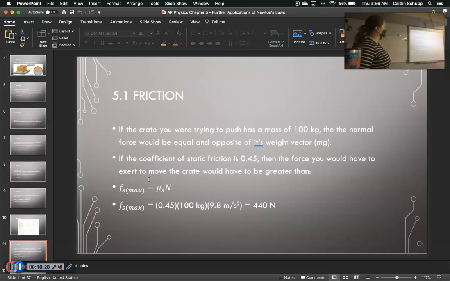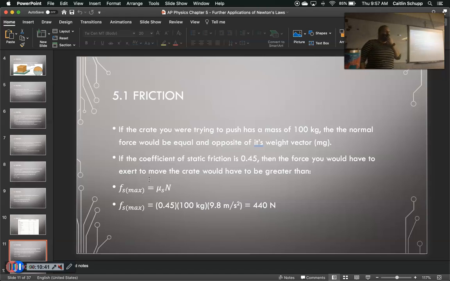So we plug those numbers in and we get 440 newtons as the max friction force. In other words, if we want this object to start moving, we have to put 441 newtons of force against that 440 newtons of static friction. Does that make sense? Okay.